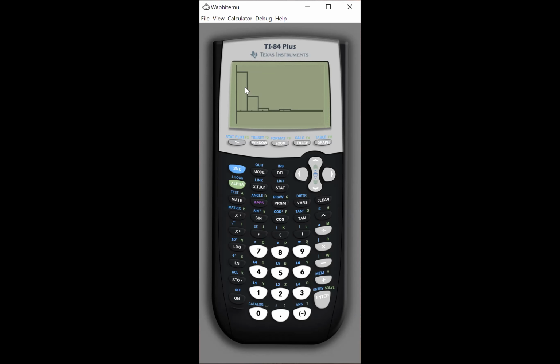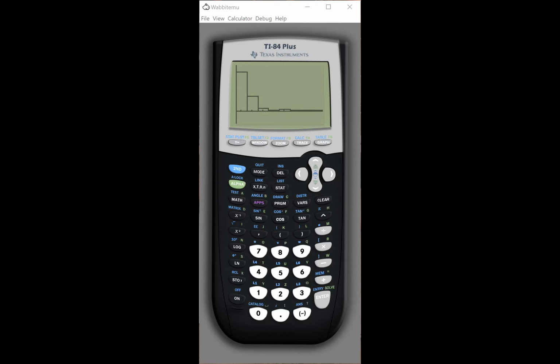The histogram looks something like that. All right. So if you look at the histogram, what type of shape does it have? Is it skewed to the left, skewed to the right, or can I say this is normally distributed?